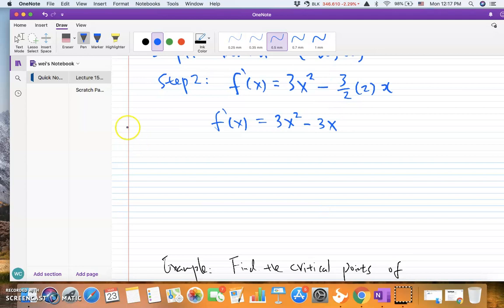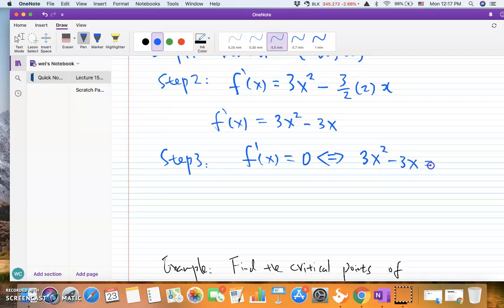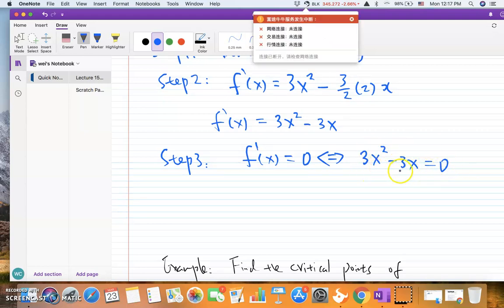Then in step 3, we consider at which points this derivative equals 0. So this is equivalent to solving the equation 3x squared minus 3x equals 0. At which x does this equal 0? To solve this equation, we can factor out 3x.